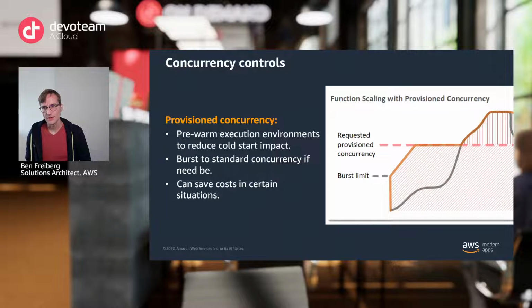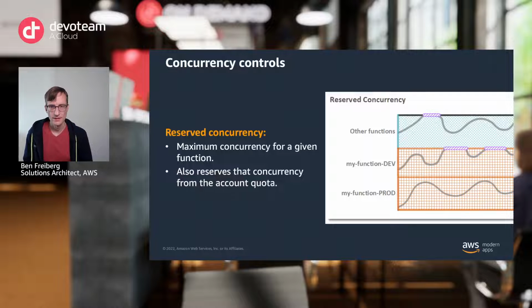On the other hand, there is reserved concurrency, which is a limit of how much concurrency a given function can use. For example, let's say I have an account limit of 1000 and I've allocated 100 reserved concurrency each to my function dev and my function prod.